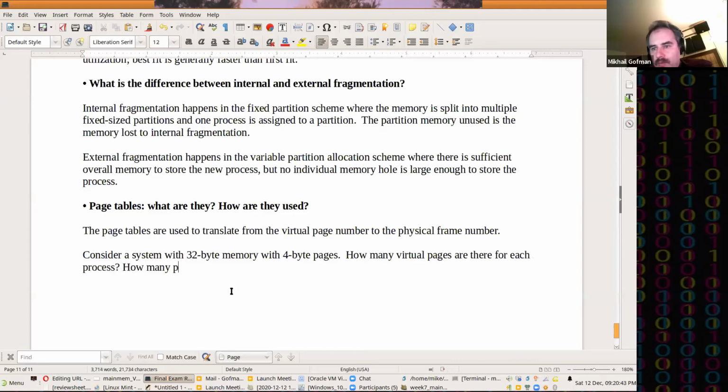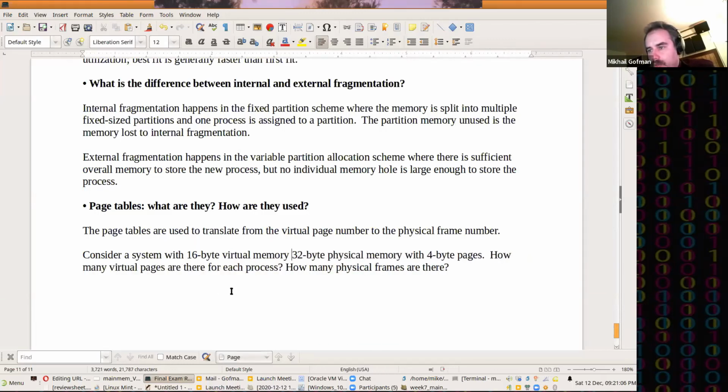How many physical frames are there? And we can also do 32-byte physical memory. And let's do 16-byte virtual memory space and 32-byte physical memory with 4-byte pages.